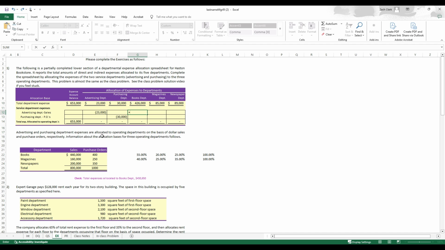So for advertising, again, which one is the advertising? That's based on sales, right? Yeah. So we're going to take that 23,000 times the 55% of sales. We're going to need to do a negative because we're making that positive essentially.